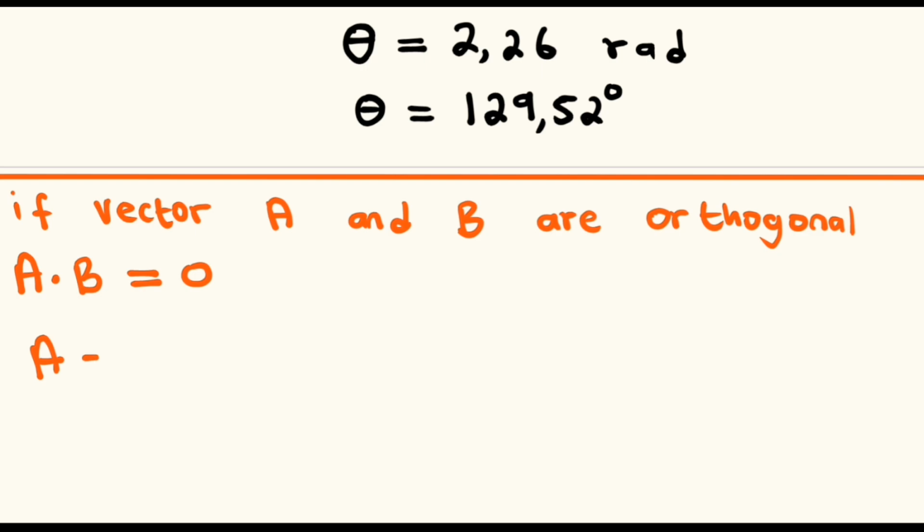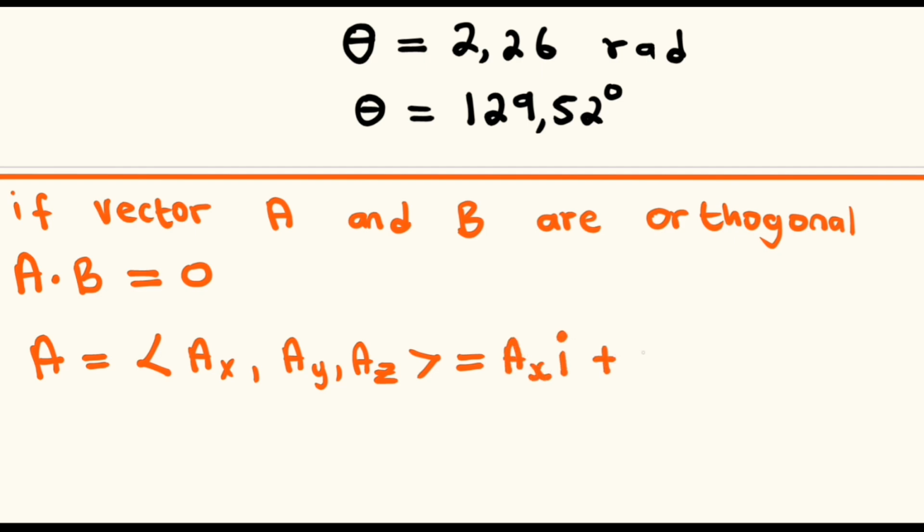Vector A, represented in vector component notation as A subscript x, A subscript y, A subscript z, is equal to vector A represented in unit vector components as A subscript x multiplied by i plus A subscript y multiplied by j plus A subscript z multiplied by k.